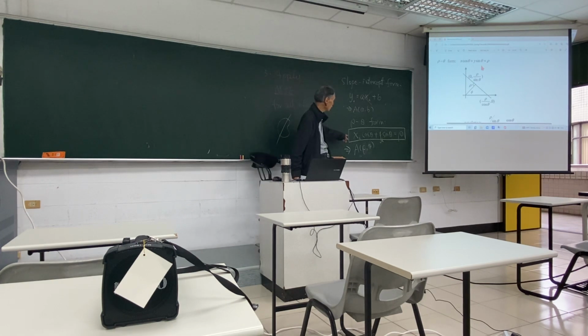Now, for this equation here, you don't need to calculate the distance of the foot. The only thing you need to try out is the theta. Now the question is, what is the range of theta?